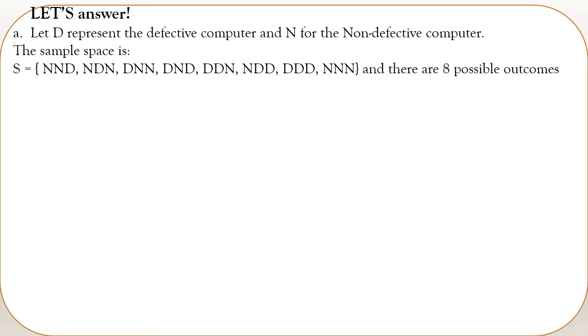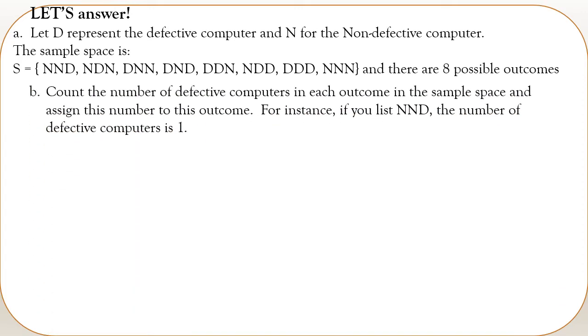Pangatlong outcome natin, isang defective at dalawang non-defective or D and N. So meron din tayong D and D, DDN, NDD, DDD. Ibig sabihin, walang non-defective. So, lahat yun ay defective. At meron naman na tatlong computers na nakuha na kung saan ay lahat ay non-defective. So, we have 8 possible outcomes.